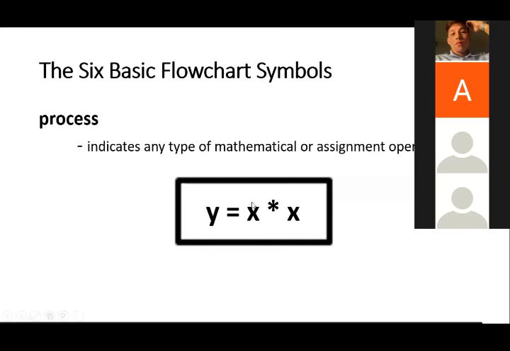So what we do here is assign the values, or replace the values. 5 multiplied by 5 is 25. Therefore, 25 will be assigned to y. So earlier y was 0, now it is 25. Thank you, Alfreds. So that is the process. Our y earlier was 0, and when we executed that process, the new value of y is 25. Next symbol.